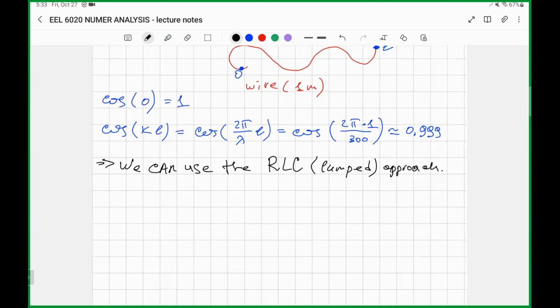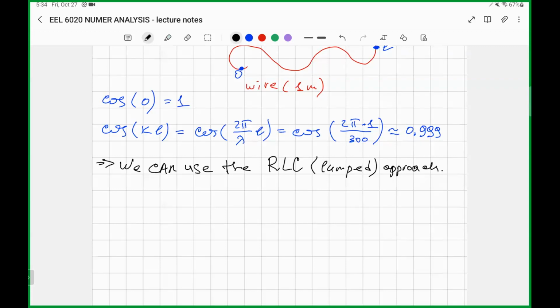It would work as a bad antenna, because the size of this typical element would be comparable with the wavelength. We would have to take into account other effects, like radiation of the fields from this capacitor, etc.